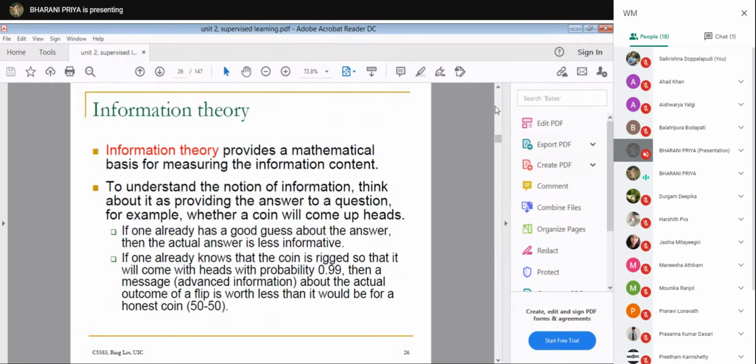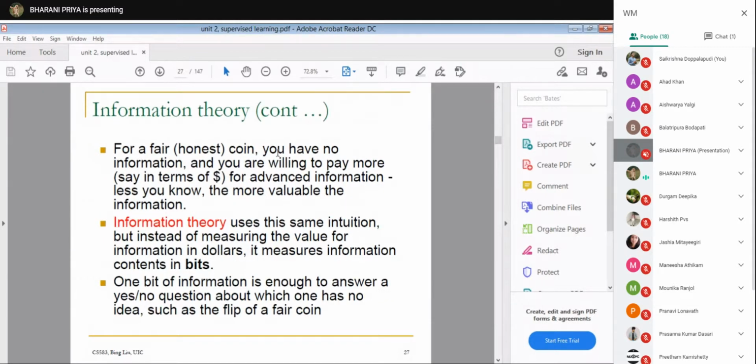So when you don't know on which share you have to invest, the information that is given by the agent is very important to you. Okay, so you are paying the agent for the information he is giving.